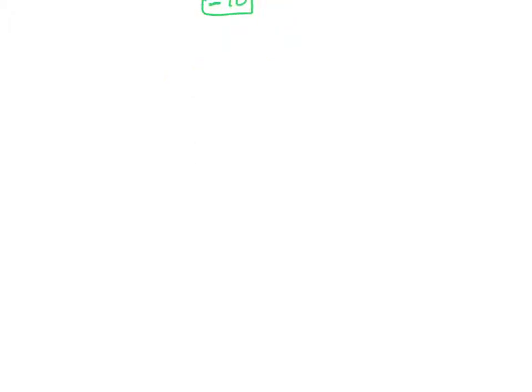All right, let's try one where we have to do the distributive property. Let's do square root of 5 times, inside parentheses, square root of 6 plus 4 times square root of 10. Okay, so we're going to distribute the square root of 5 to these two terms.